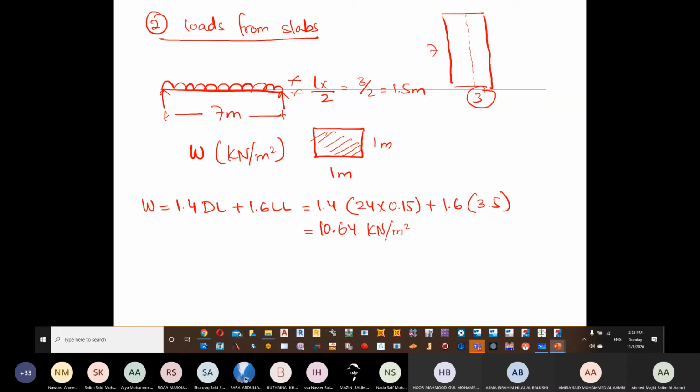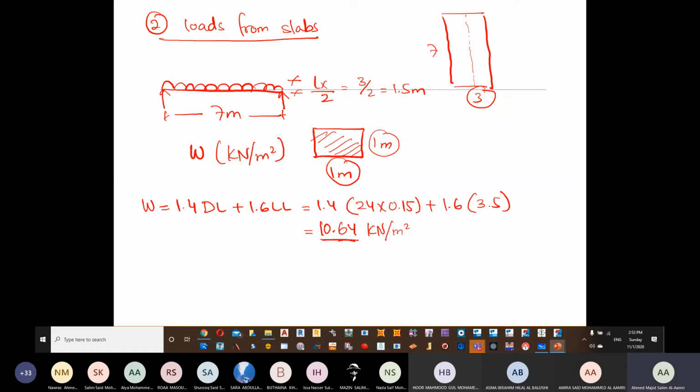Once again, 10.64 is the loading for what area? It is for an area of 1 meter into 1 meter. That's why we say kilonewton per meter square. So it's meter into meter.